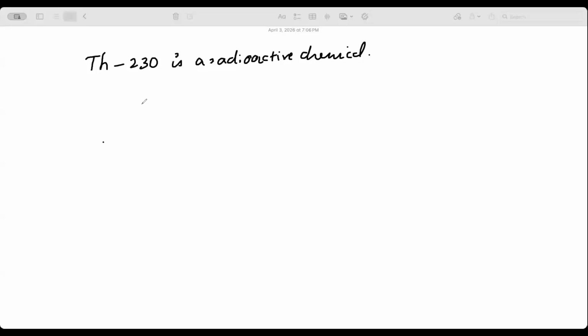The percentage of thorium 230 remaining in a sample after time T will be equal to 100 times 2 to the power of minus T by 75,000.